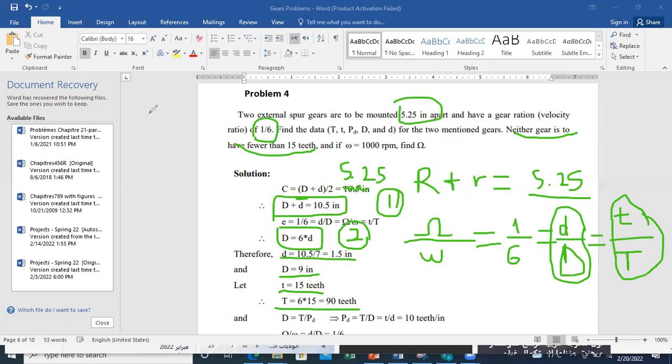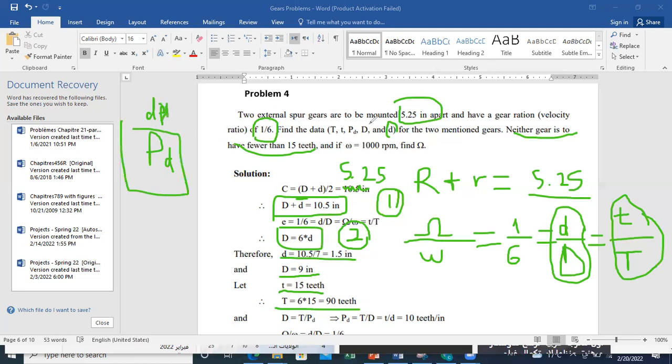In the course material, we symbolize it by dp. Here we use the symbol pd. It doesn't matter. To avoid any confusion between the pitch diameter and the diametral pitch, they used PD as the symbol for the diametral pitch, and they didn't put any subscript.